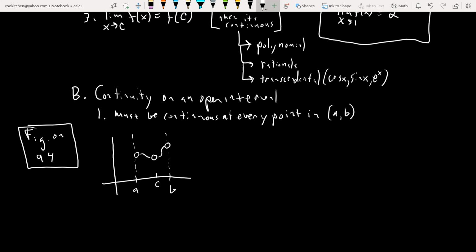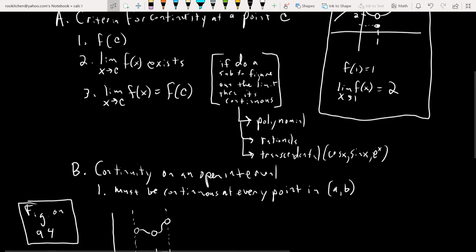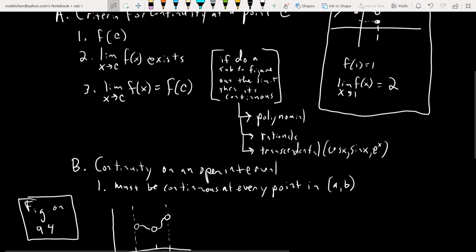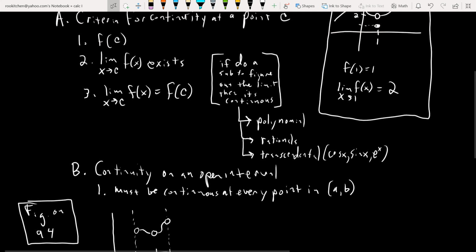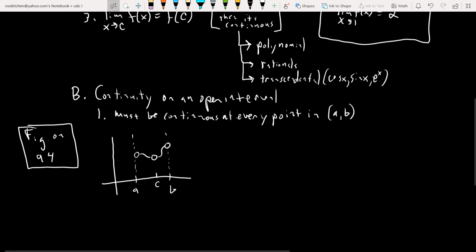What's the issue here that causes it not to be continuous? It's number one, the first criteria. f of c is not defined, there's just a hole there. The limit exists, okay? There is a limit, but f of c is certainly not defined. So this is not continuous.